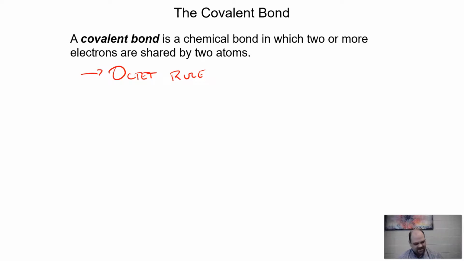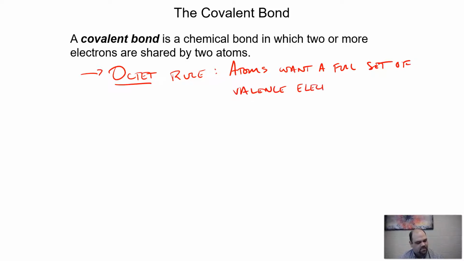So this octet rule tells us that atoms want to have a full shell or subshell. And so that means for most atoms that they need 8 electrons in the valence.